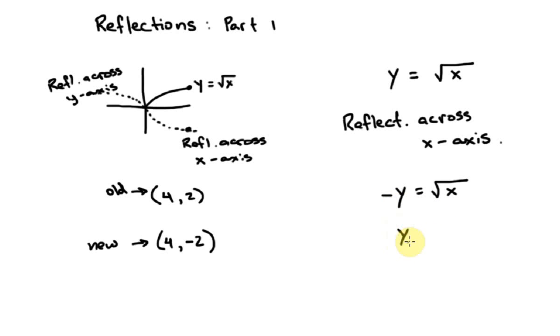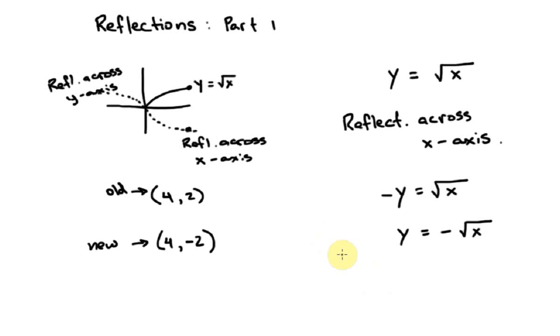I could multiply both sides by -1 and have the negative show up on the right side. Often that is the case. You'll see it written in this explicit form, so just be aware of that. Also be aware that this is not putting the negative in front of the x. This is putting it in front of the entire function, and there's a big difference there.